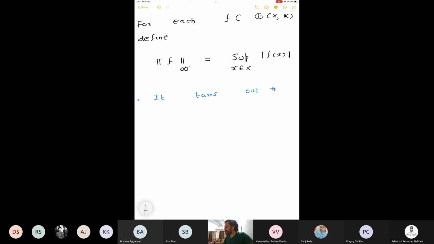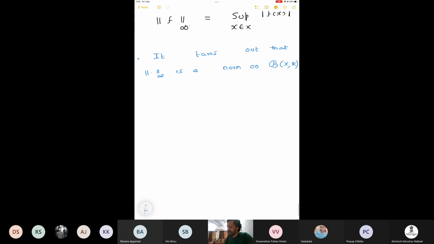It turns out that norm infinity is a norm on B(X, K), called the supremum norm or infinity norm.